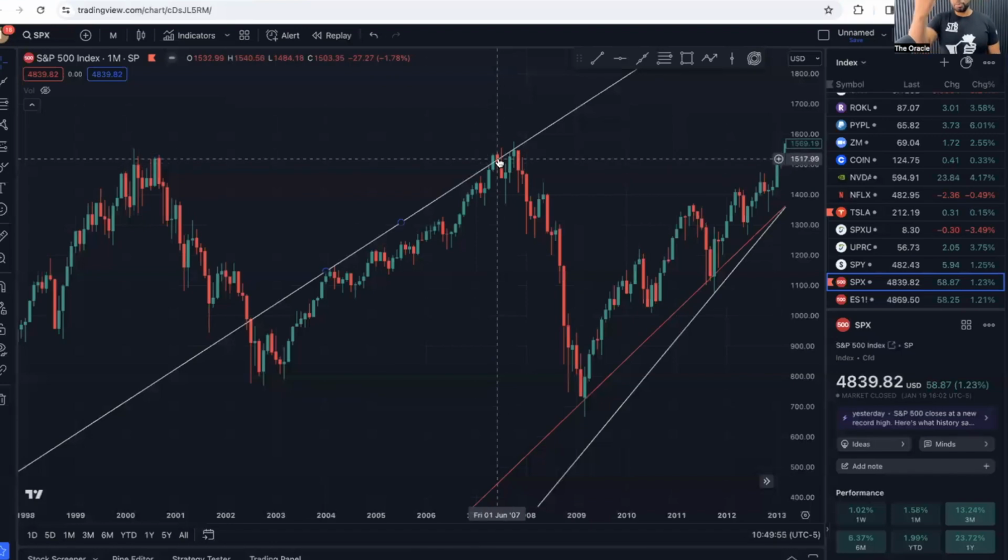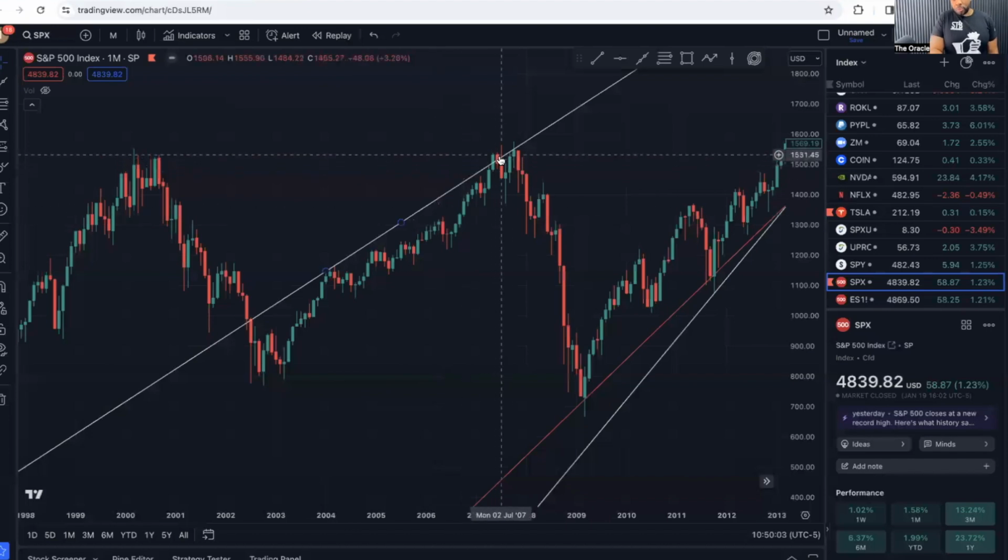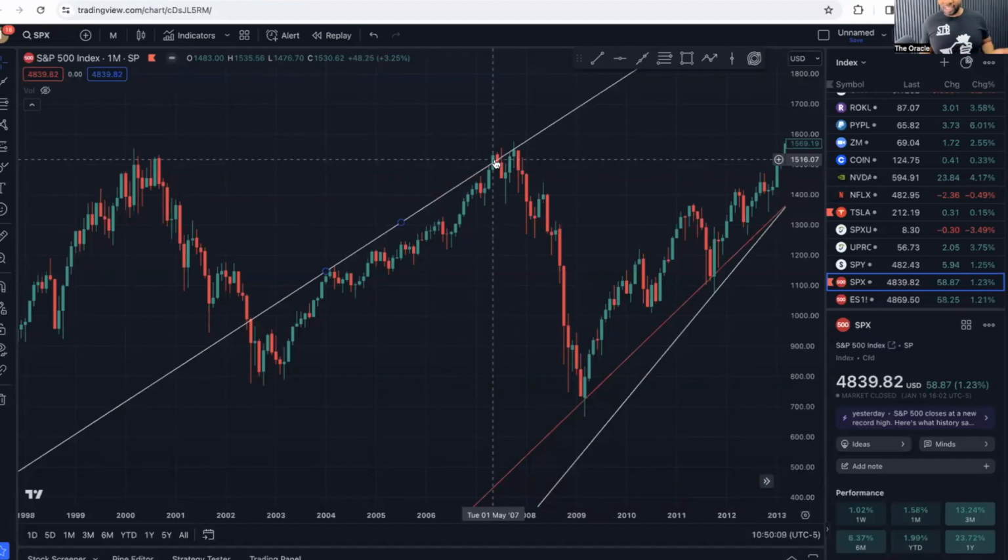I'm going to sell the majority of my profits, take profit because you were profitable. If you bought here or here or here, you were profitable. So if you wanted to take profits there and then start hedging, so you can make money when it falls, this was the area to do it.